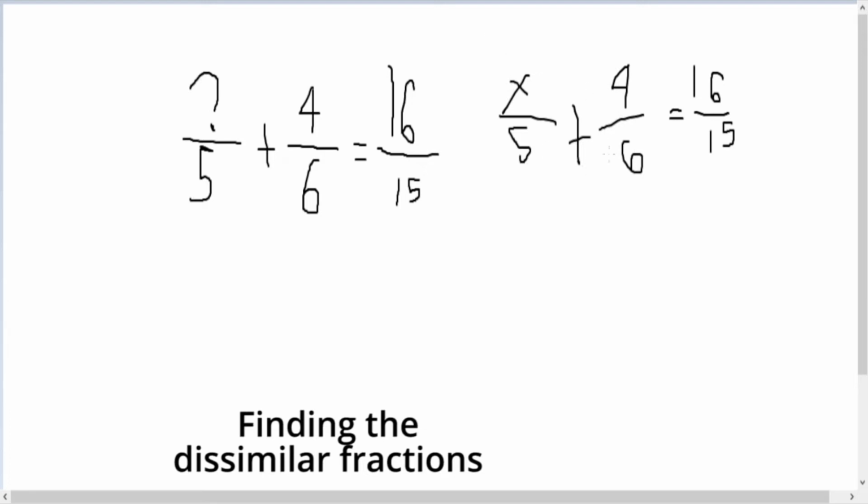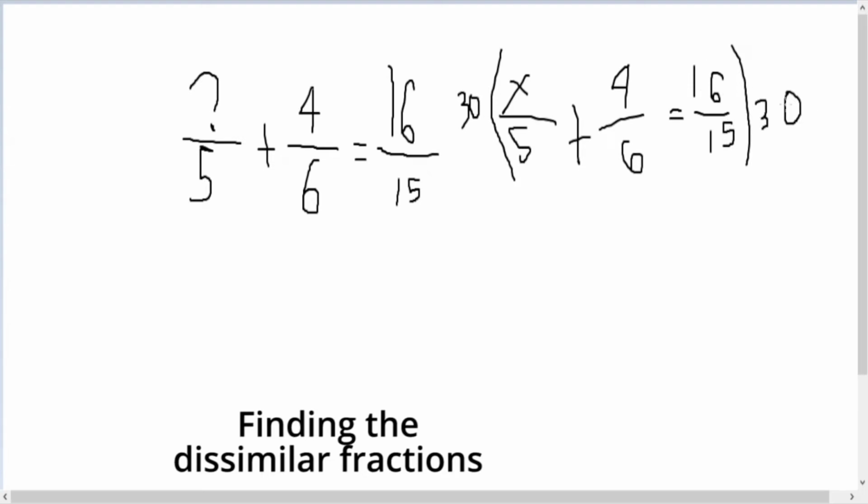Now what do 5, 6, and 15 give? It is 30, right? Now you put 30 outside the parentheses like that. Okay, so now 30 divided by 15 is 2. Now 2 times 16 is 32.